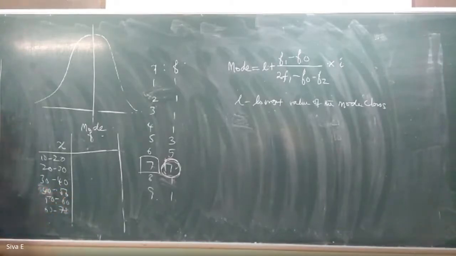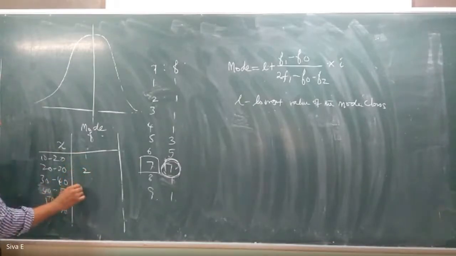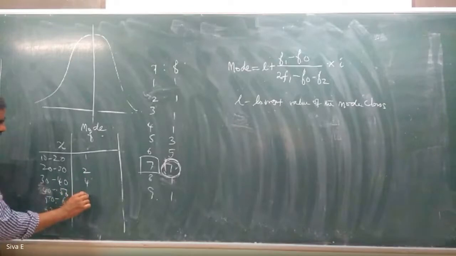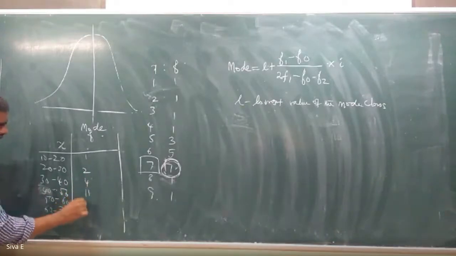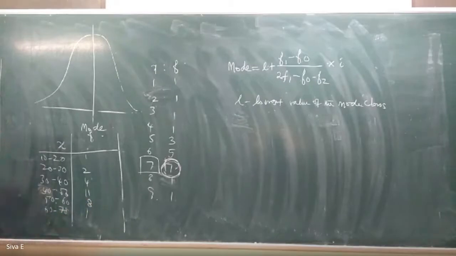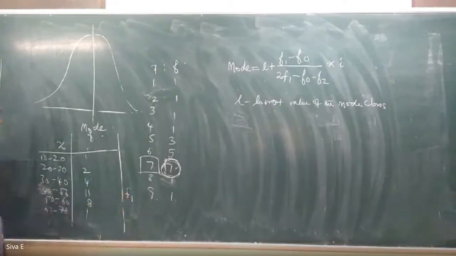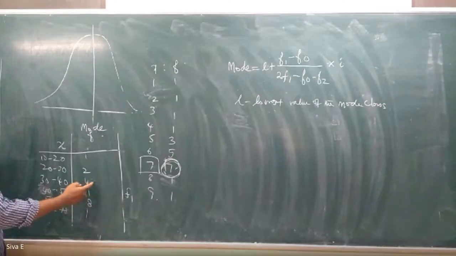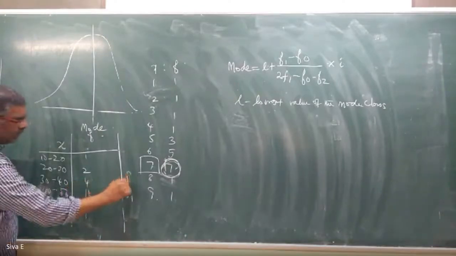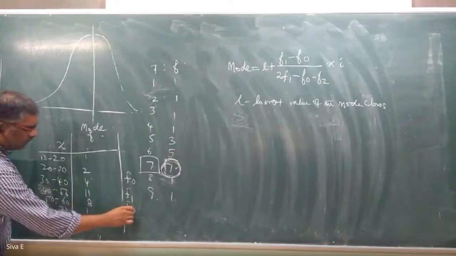No need to write, just listen. Here 1, 2, 4, 11, 8, 1, like that. The maximum occurrence is 11; you take this as F1. The previous one is F0. The next one is F2.